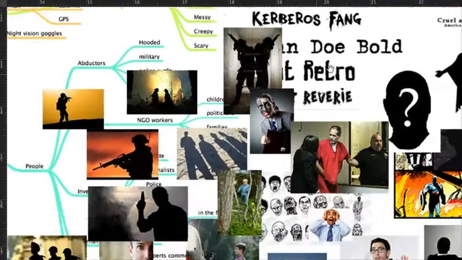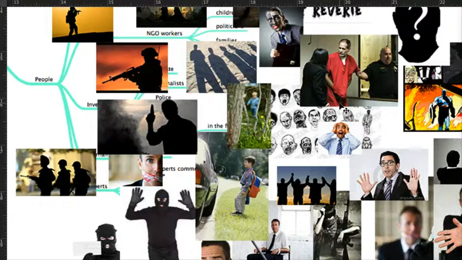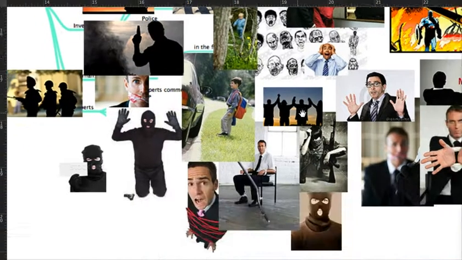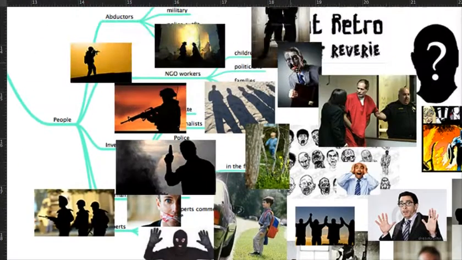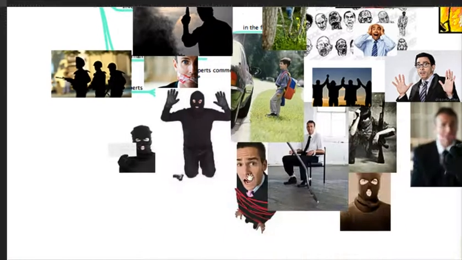With people, we tried to capture a lot of different styles: the sketchy, the blurred, the silhouette, because this really wasn't about a specific person or role. I liked the blurred out images, the silhouette images, the shadow images. We didn't focus too much on faces, but on characters that imply both the abductors and the abducted.